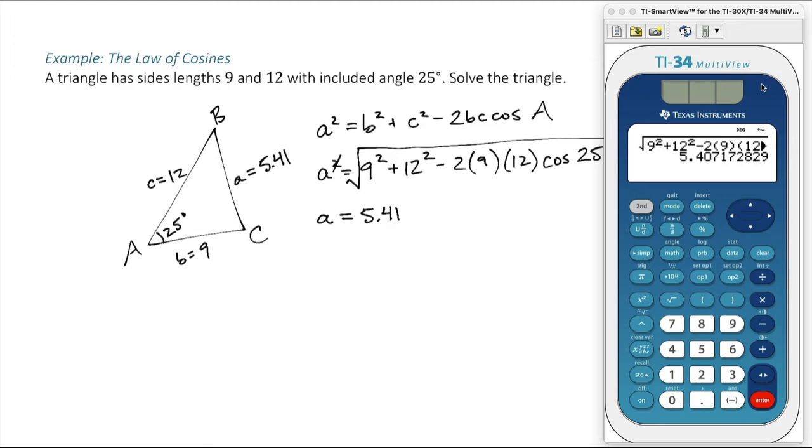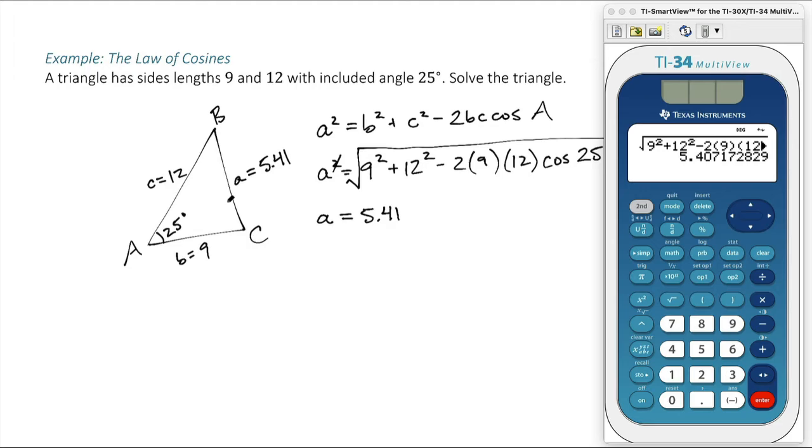And now I can use either the law of sines or the law of cosines to find these angles here, because I have now side angle side. And so I can do law of sines, but of course I also have all three sides, so I can use the law of cosines.